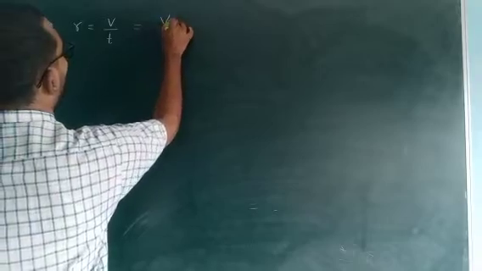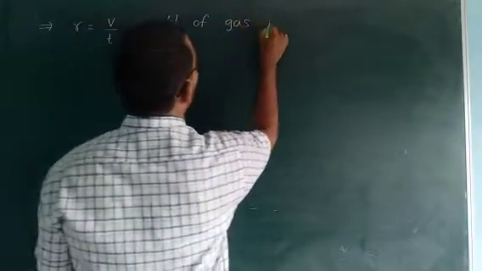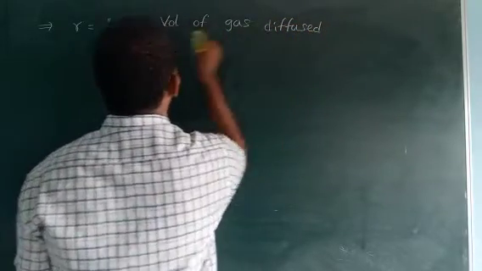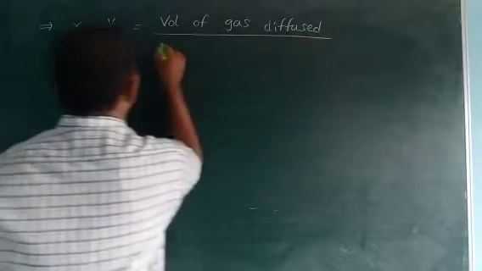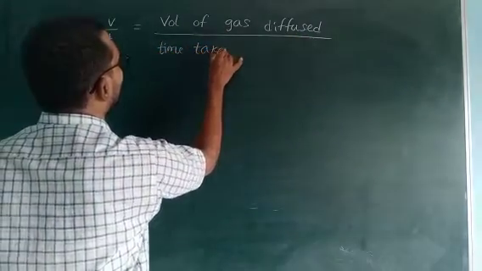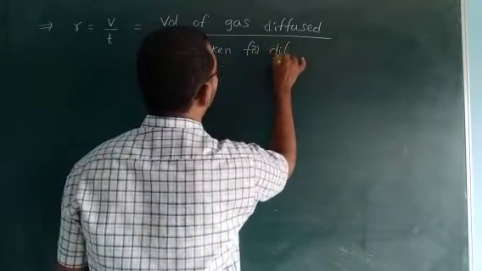What is T? V means volume of gas diffused, by T, the time taken for diffusion.